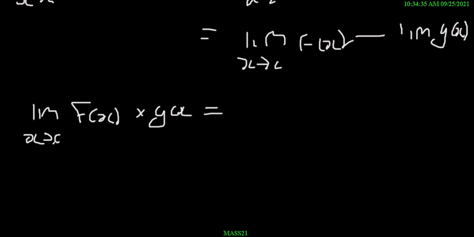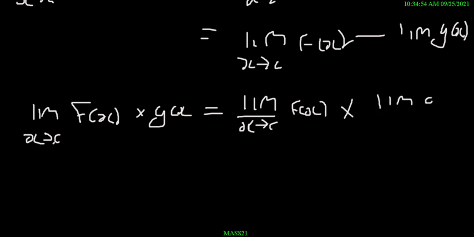So the limit will be equal to the limit, as x approaches c, of f(x) times the limit of g(x).